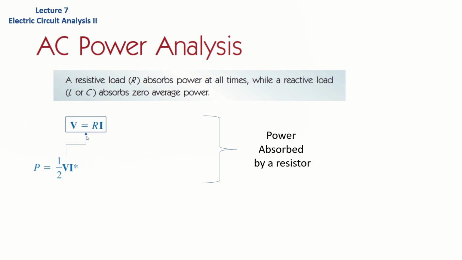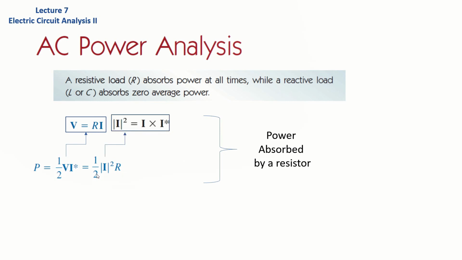In a resistive load, the phasor of voltage is equal to the phasor of current times the resistor, and we can write this as you can see here.